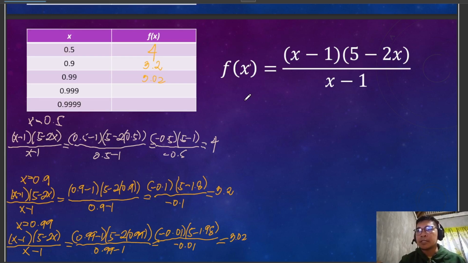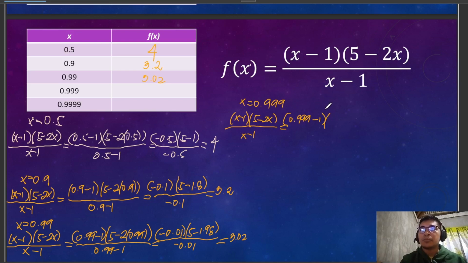Then x is equal to 0.999. So x minus 1 times 5 minus 2x all over x minus 1. So our x now is 0.999 minus 1, then 5 minus 2 times 0.999, all over 0.999 minus 1. Now what is 0.999 minus 1?